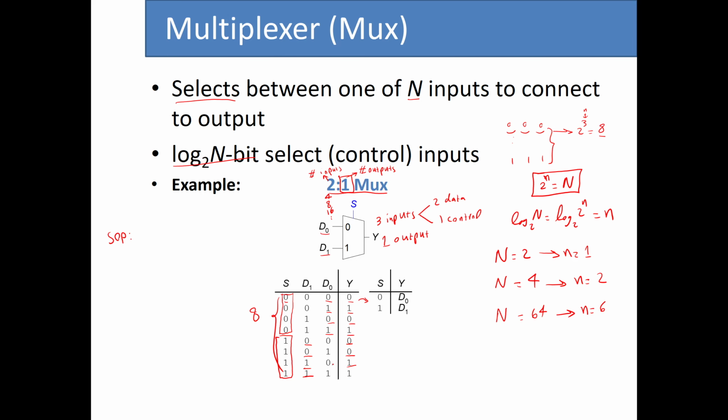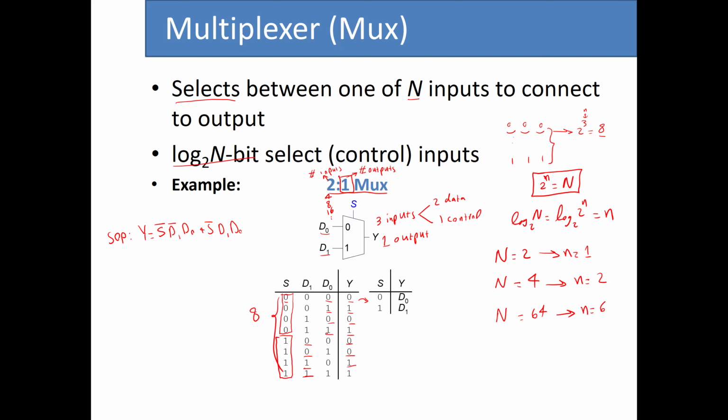and then we OR all the minterms associated with those rows. So if I do that, Y would be equal to, what is the minterm associated with this? It's going to be S bar, D1 bar, D0, plus S bar, D1, D0.